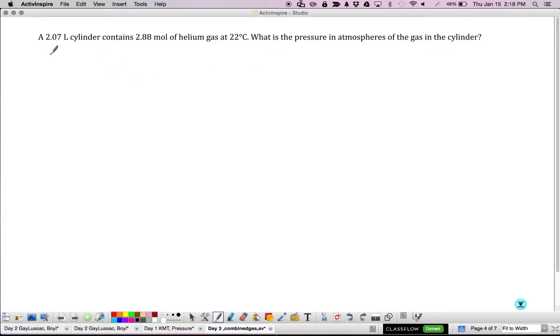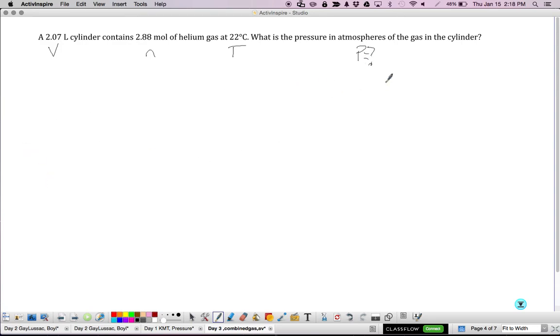All right, so here's my volume, okay, because the gas is going to expand to fill the cylinder. So this is my volume. Here are my number of moles, okay, and here's my temperature. And what I'm trying to find here is the pressure.